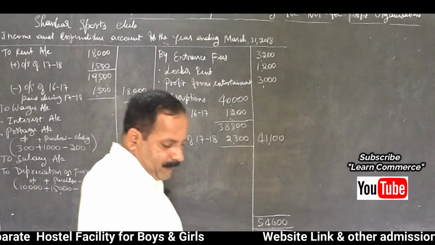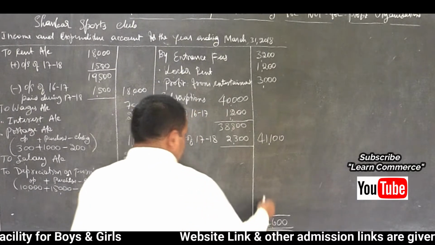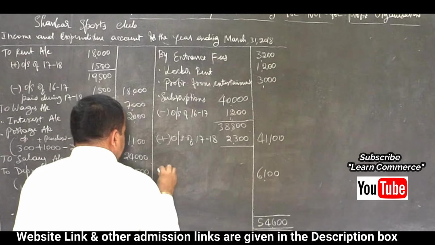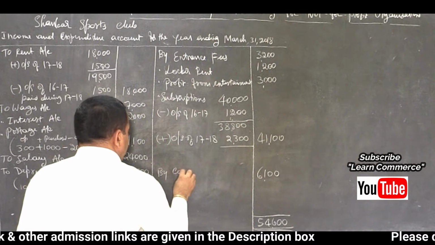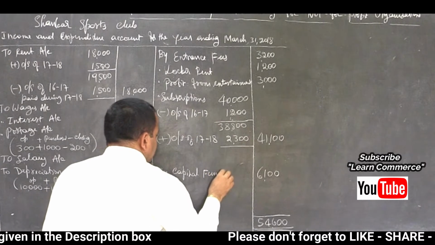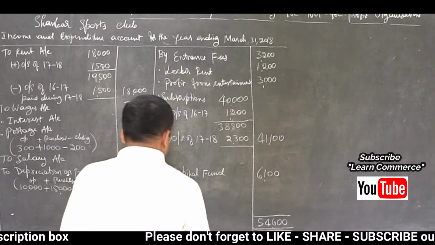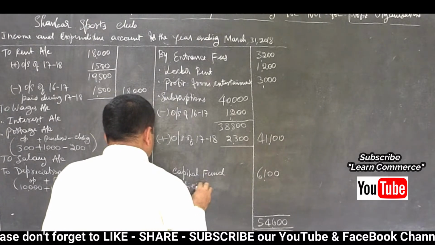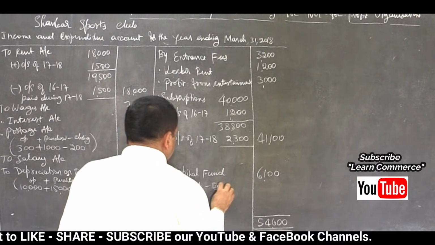What's the difference? The difference is 6,100. 6,100 is the difference, by capital fund deficit, balancing figure.